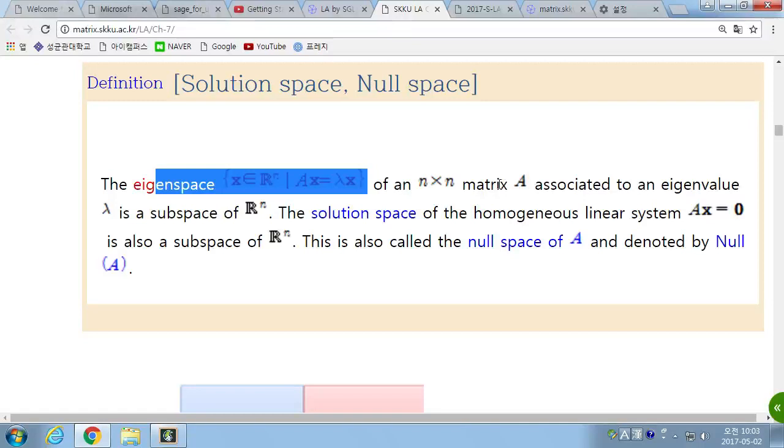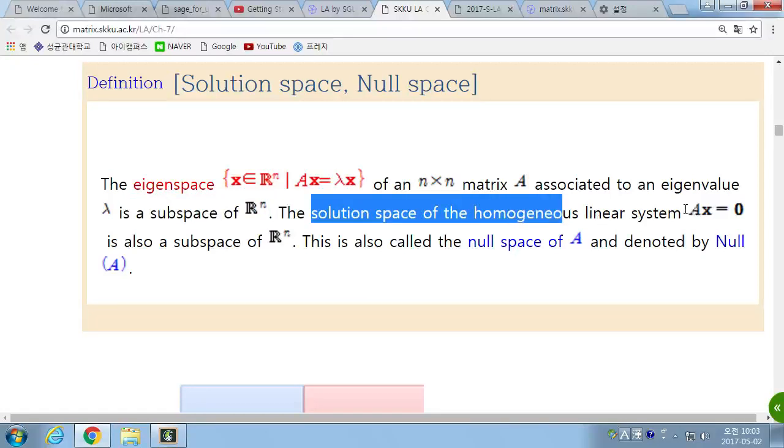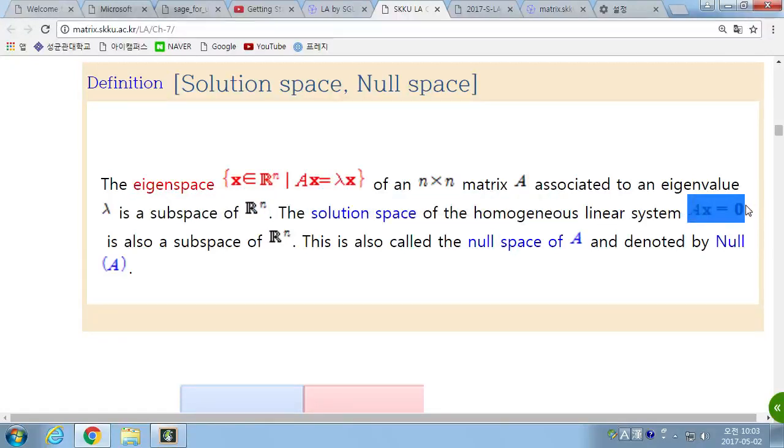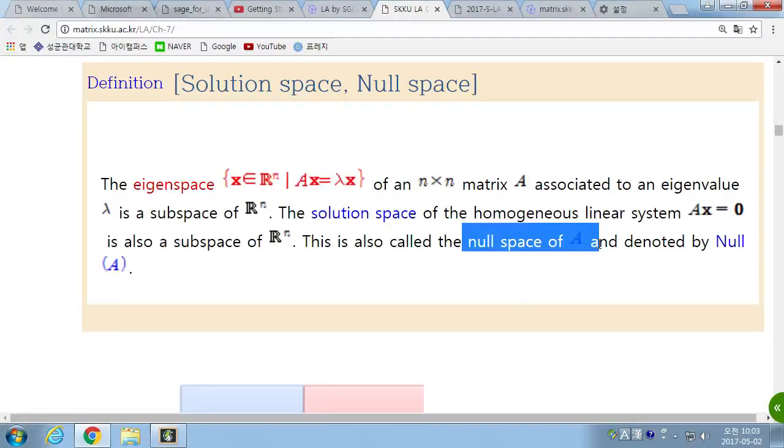This is the eigenspace of A associated to the eigenvalue lambda, and this is a subspace of Rn. And the solution space is the set of solutions that satisfies Ax = 0. So if you have A, then you can define several eigenspaces and one null space.